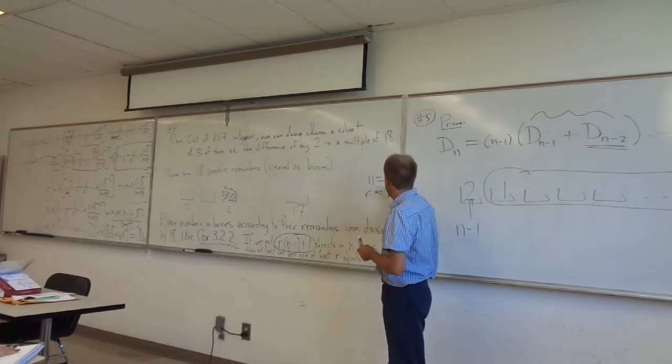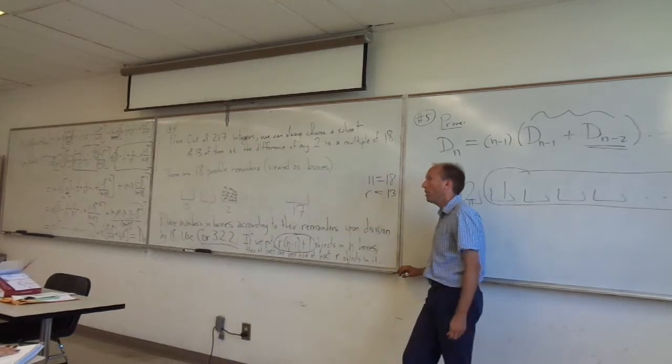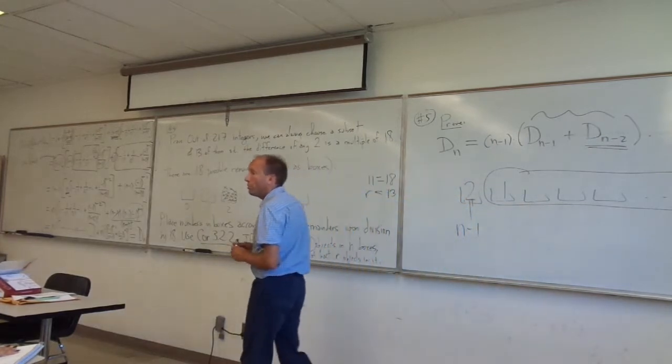So it would be 18 times 13. Oh boy. You know how I do 18 times 13? I do 20 times 13, which is 260. And I realized, oh, I counted 13 two times too many.